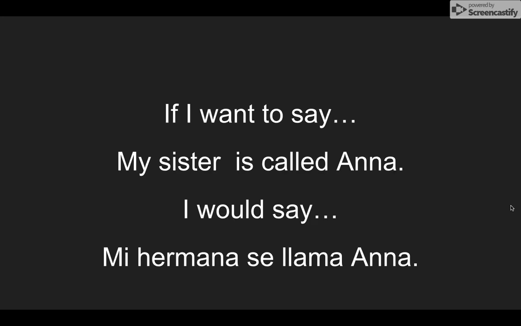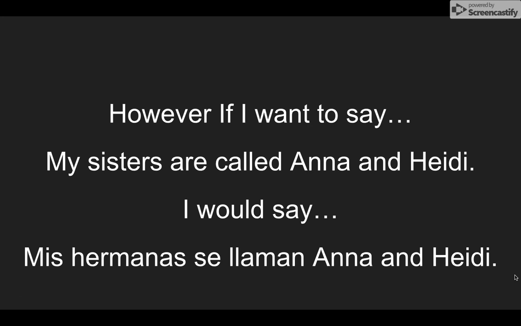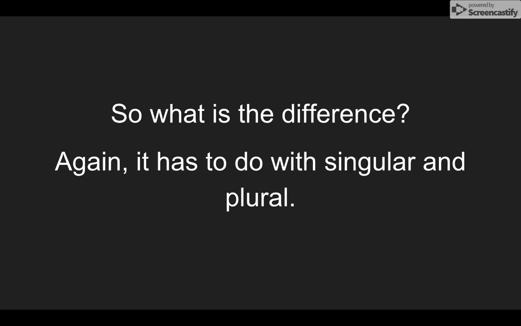If I want to say my sister is called Anna, I would say mi hermana se llama Anna. However, if I want to say my sisters are called Anna and Heidi, I would say mis hermanas se llaman Anna y Heidi. So what is the difference? Well, again, it has to do with singular and plural.